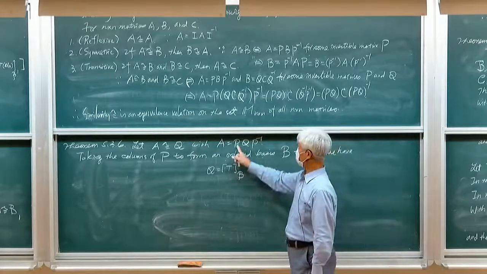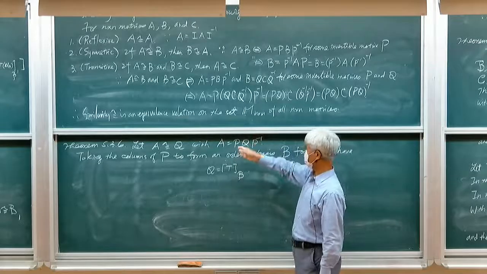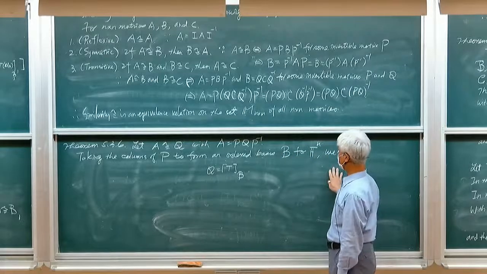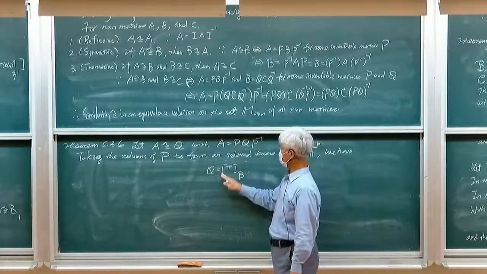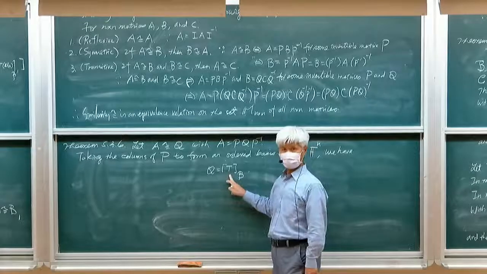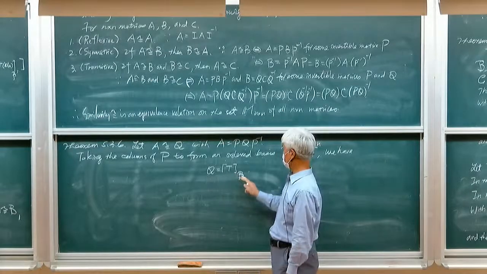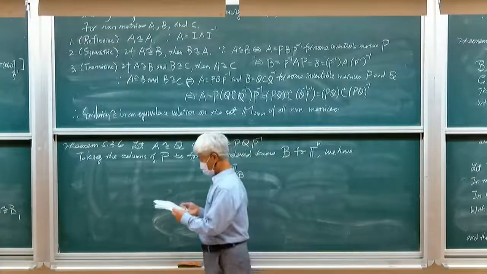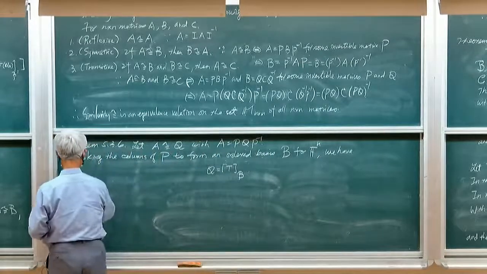If we select the columns of P to form an ordered basis, then this Q will be a matrix representation of a linear transformation relative to this basis. And what is this linear transformation?